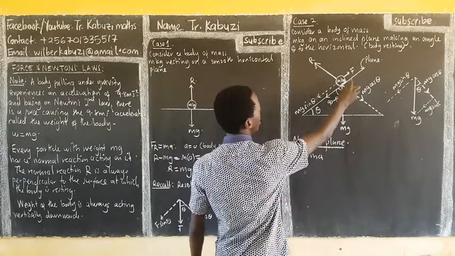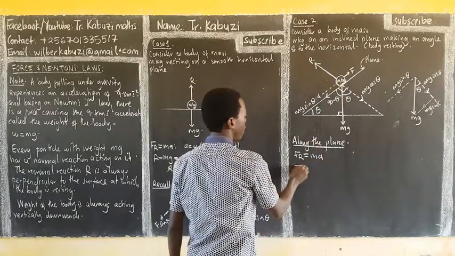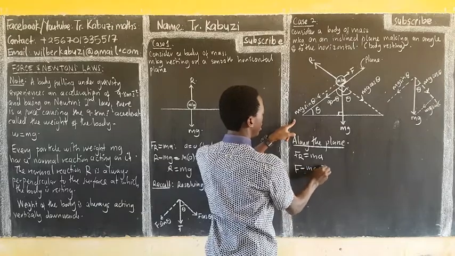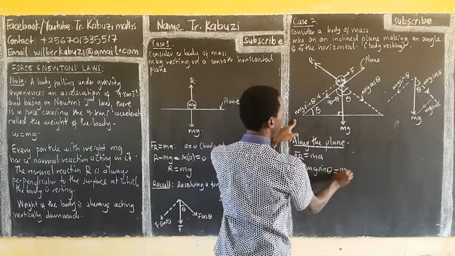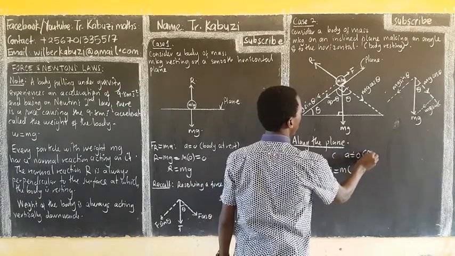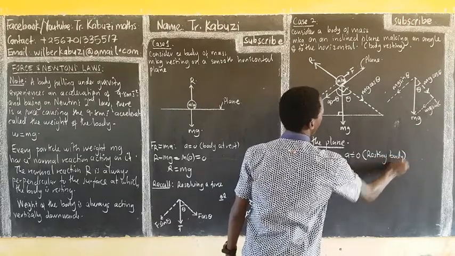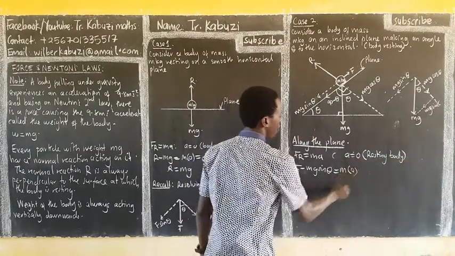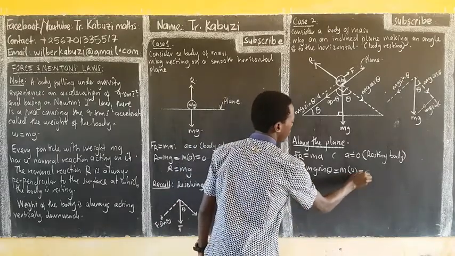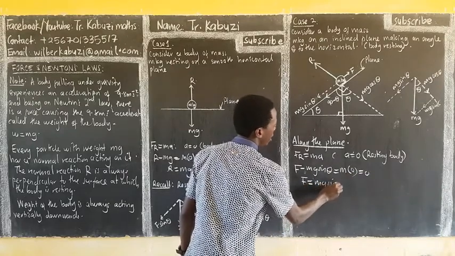Our resultant is going to be F minus mg sine theta, because I'm resolving along the plane. So we have F minus mg sine theta equal to the mass times acceleration. Our a is going to be 0, resting body, so there is no acceleration. So this one is going to be 0. So we have F minus mg sine theta equal to 0. If you take this side, our F is going to be mg sine theta.